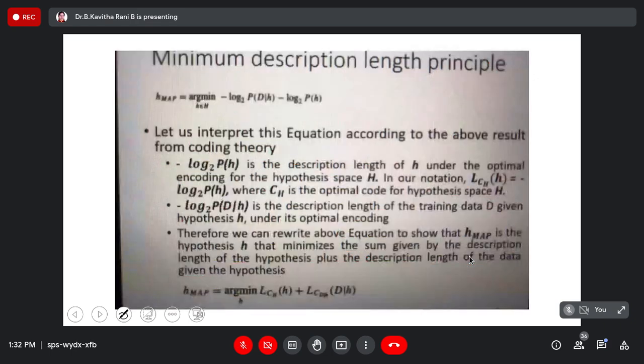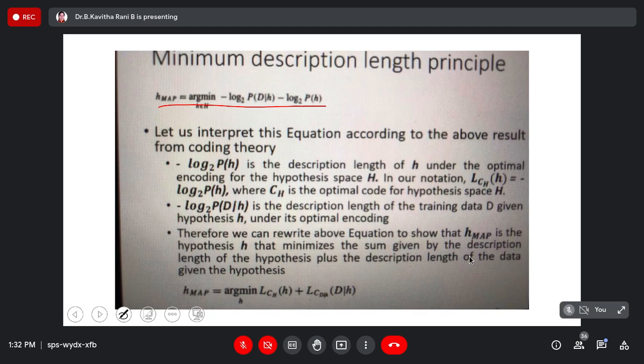Now consider the formula. This is again the h_MAP formula, the maximum a posteriori hypothesis, in the context of the minimum description length principle. We use the minimum description length principle with maximum a posteriori. We are minimizing something: our hypothesis is to minimize the length of the description of the hypothesis.